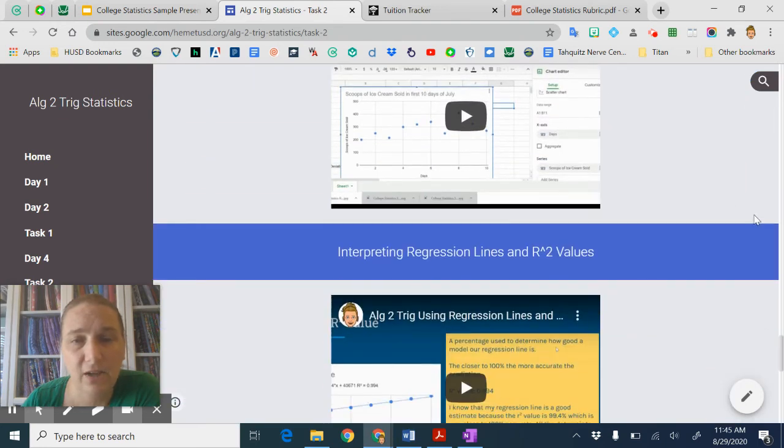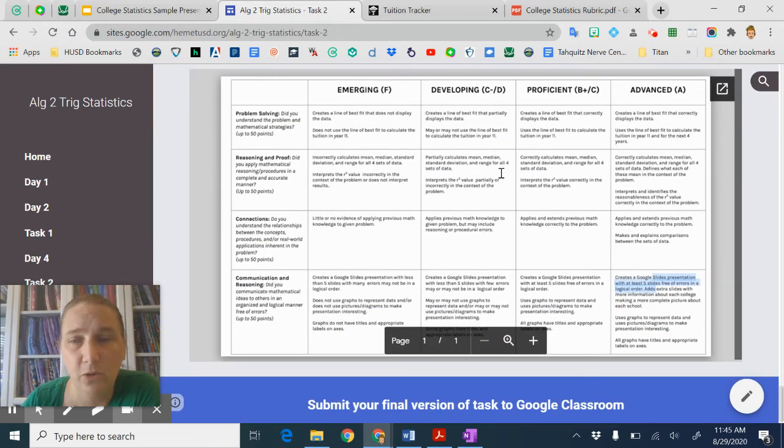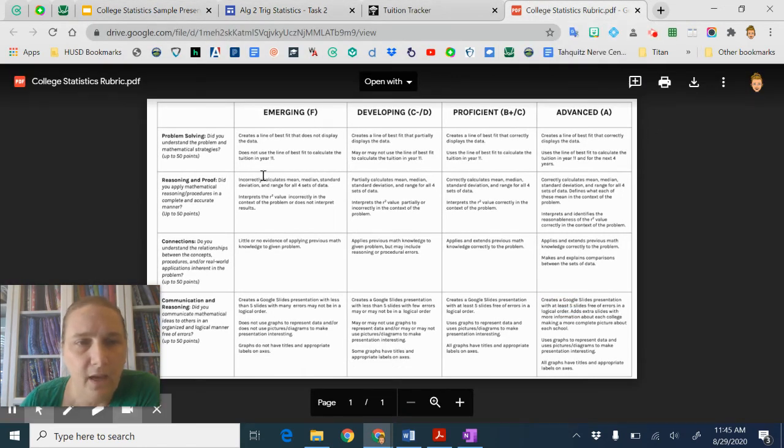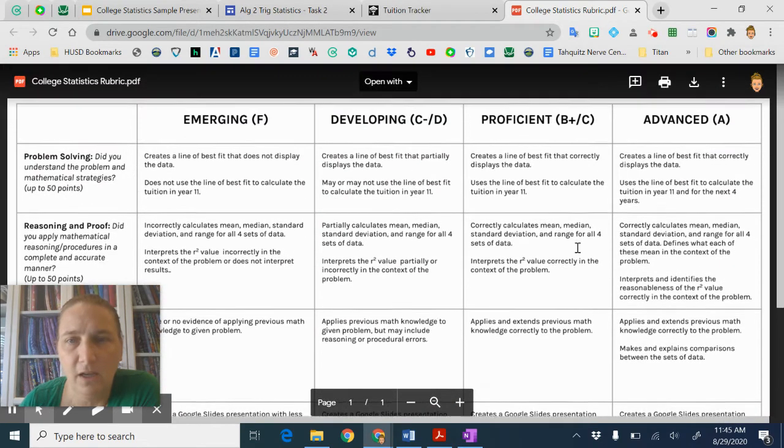So let's take a look at, right down here at the bottom is the rubric that I'm going to be grading you on. So I'm going to pull it up here. So you obviously want to be aiming for this fourth column, okay? So that's where we're going to be getting our A from. Okay, so let's zoom in there.